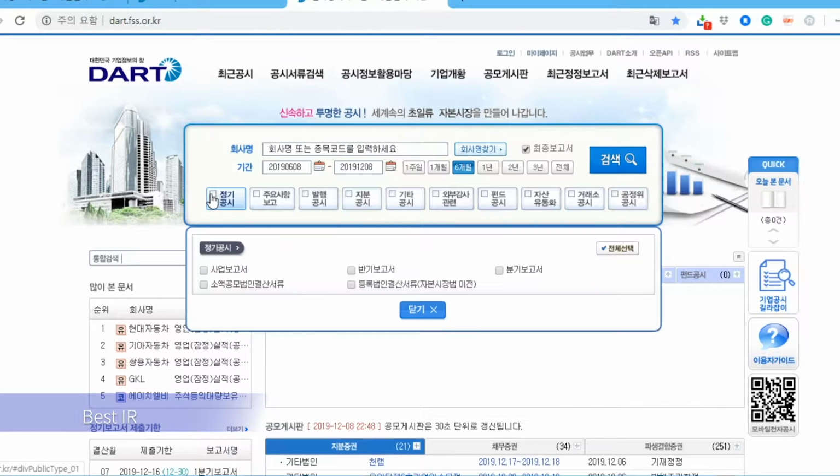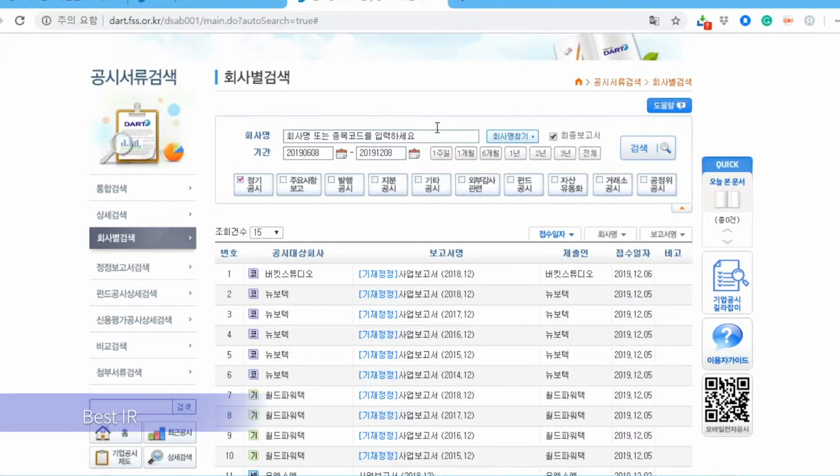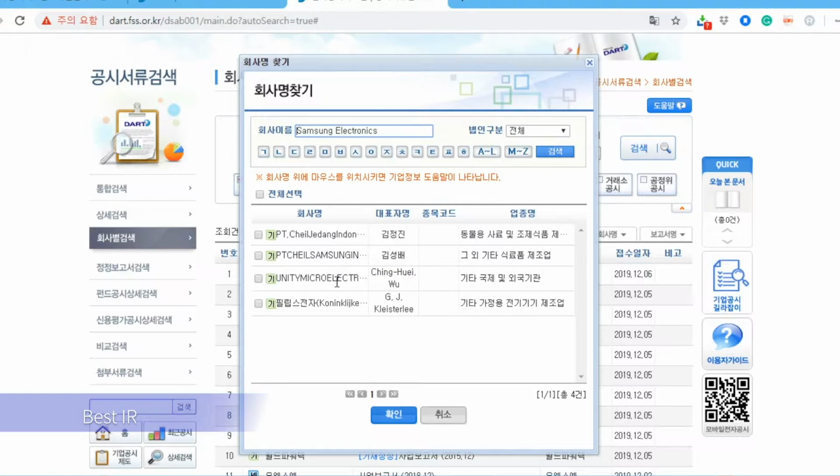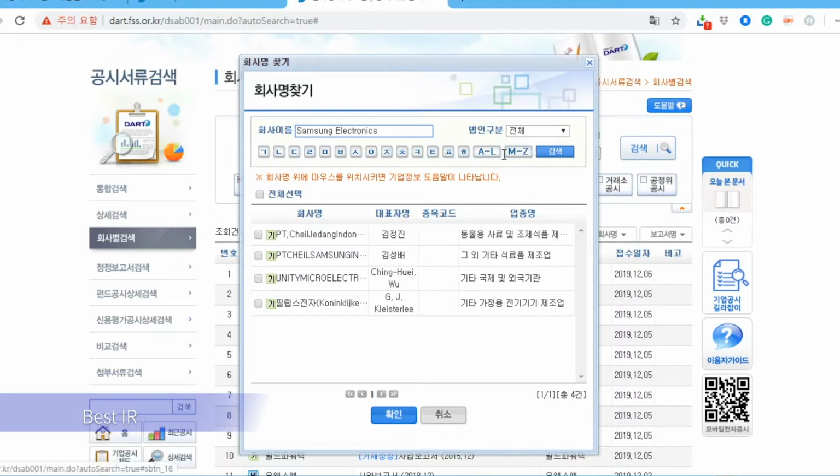The best thing that you probably want to use is 사업보고서, which is business report, something like an annual report in Korean. And let's say you wanna find out Samsung Electronics. Here you go. Okay.